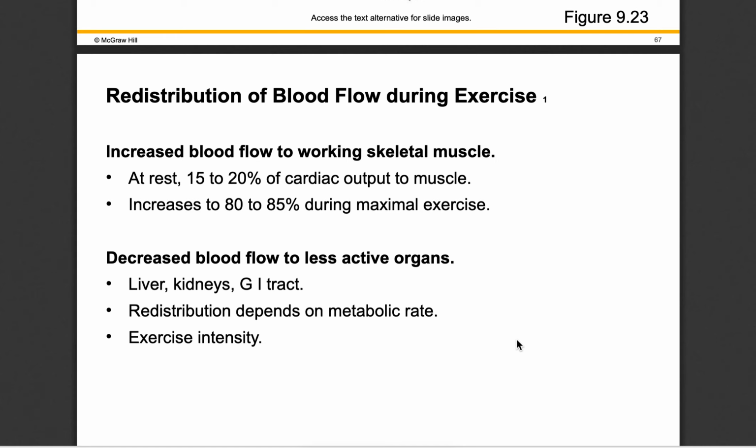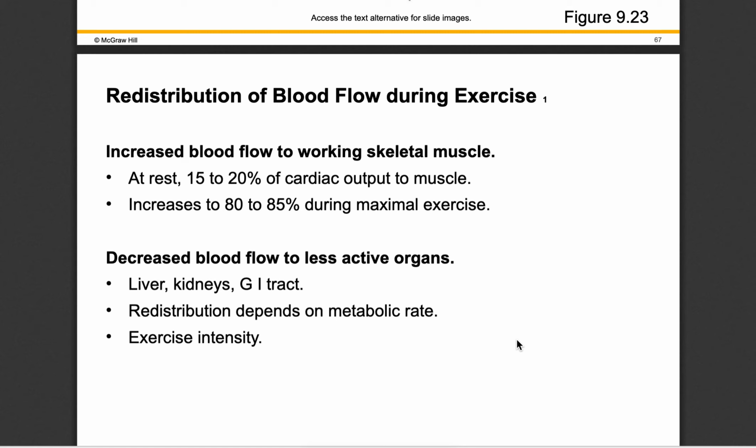And so this brings us back to that redistribution of blood flow. So we know that your skeletal muscles need more oxygen when you're exercising, and so that means they need more blood. At rest, you're getting about 15 to 20% of the cardiac output. So we're not saying a particular amount of blood. The amount of blood goes up greatly when you start exercising, but so does the percentage of blood that your body's actually moving.